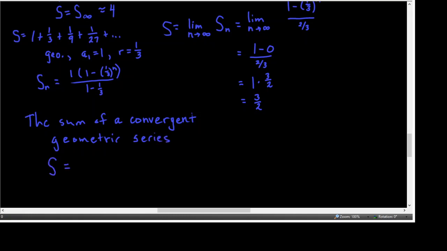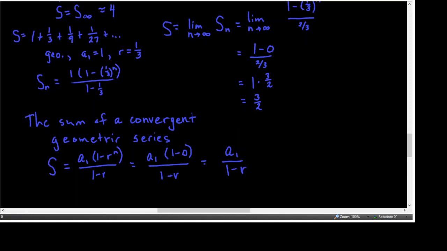S is equal to a sub 1 times 1 minus a fractional r raised to the nth over 1 minus r. Every single time r is a fraction, repeatedly multiplying it by itself means that r to the nth term will go towards 0, leaving a sub 1 times 1 minus 0 over 1 minus r, which simplifies to be a sub 1 over 1 minus r.